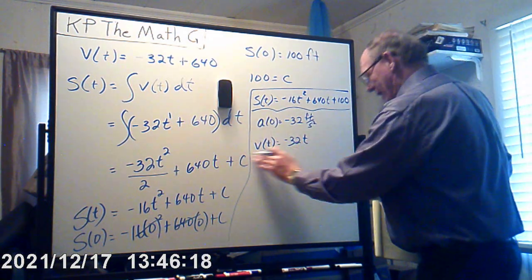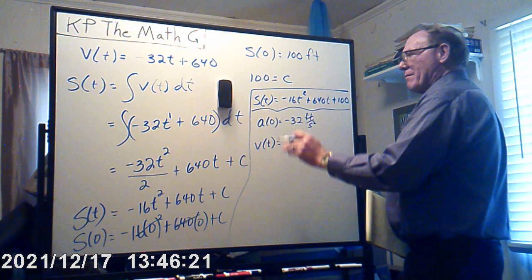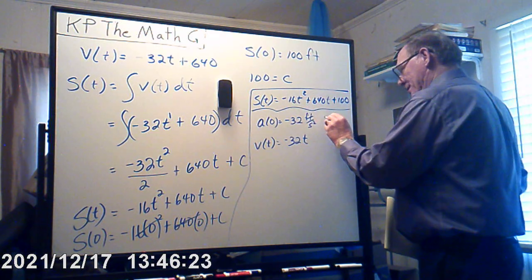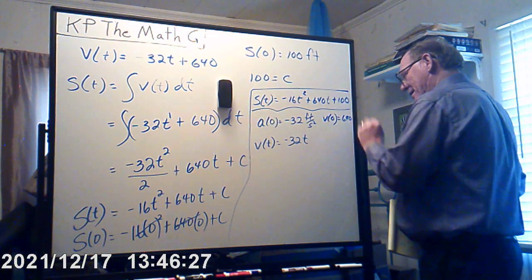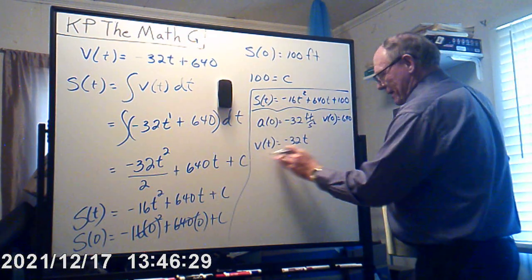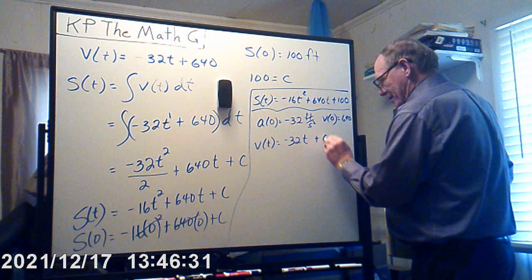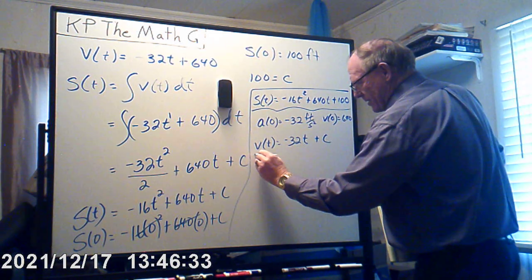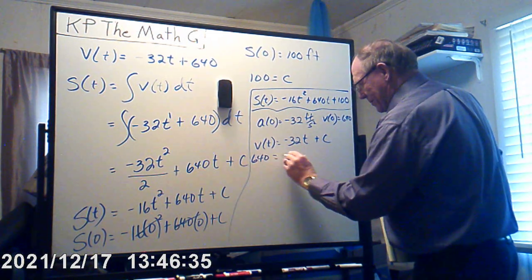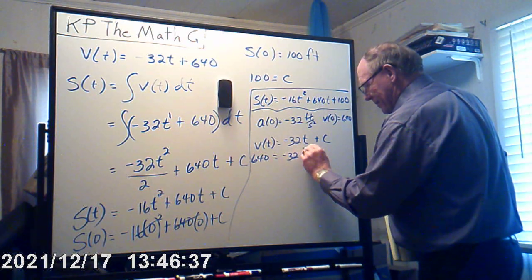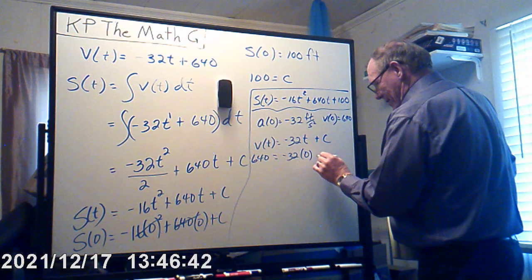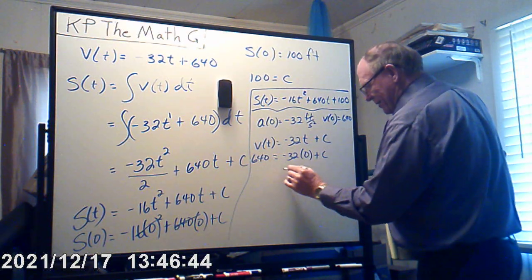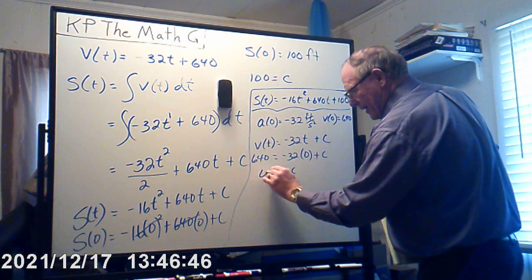We found c, and remember that initial condition was v at 0 was equal to 640. So when we put the plus c there, we simply did 640 equals negative 32 times 0, that's actually v at 0, plus c, and we found that c was equal to 640.